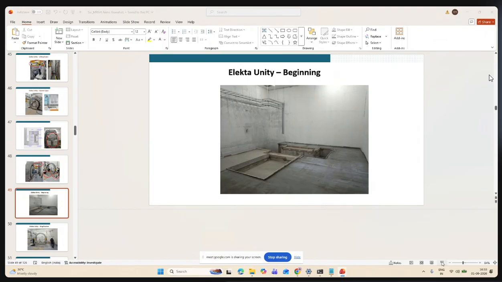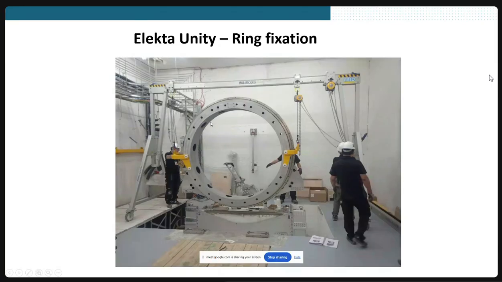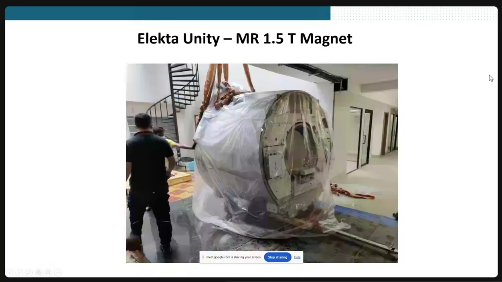Okay, I'll continue. So this is how the real pit looks like, and this is for the couch, and this is for the LINAC, and first the gantry ring comes and gets fixed onto the pit, as you can see here, and then the gantry ring fixation components come there, so they get fixed up, and you have the MRI. It comes as a single piece.